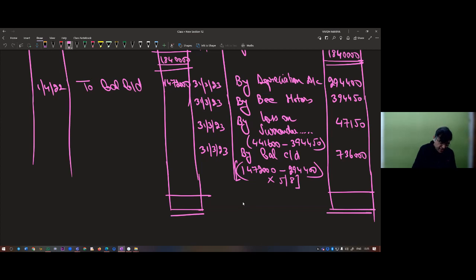So the total is 294,400 plus 394,450 plus 47,150 plus 7,36,000. It is 14,72,000.